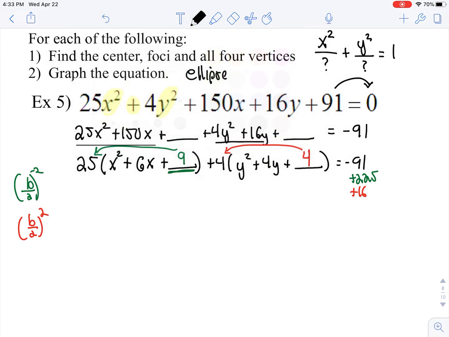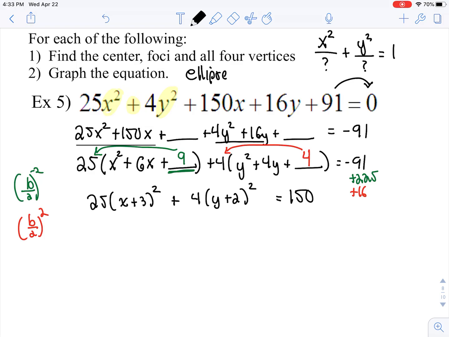So now on the left-hand side, I have 25, and I can factor this. Over here, I have 4, and I can factor this. And on the right-hand side, I have negative 91 plus 225 plus 16, which is going to give me 150.